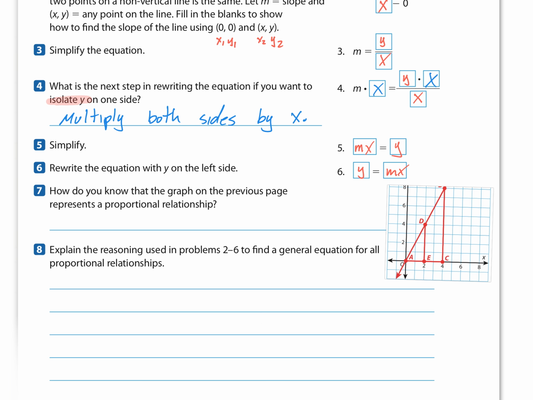Kara, go for it. You know it represents a proportional relationship if it goes through the origin and it's a straight line. And in this case, is it a straight line that goes to the origin? Yes. Okay. So you write that down. It is a straight line that goes through the origin.